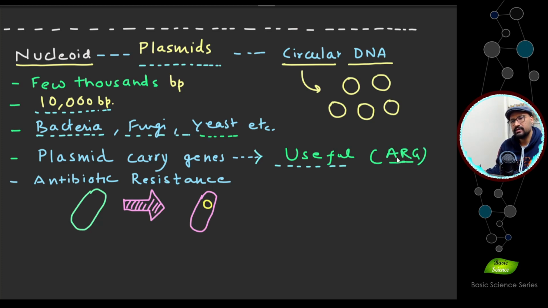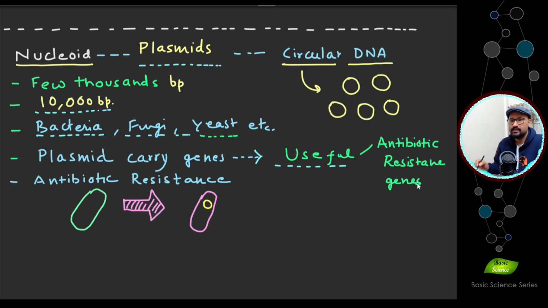I'm coming up with a very weird term here, and you don't write it like ARG, so I think I should write it down: antibiotic resistance genes. These are responsible for the development of resistance against the antibiotics.